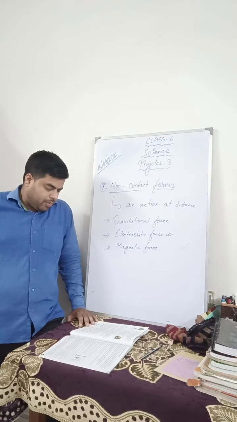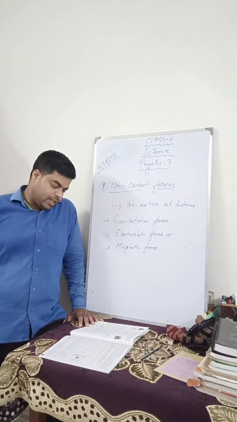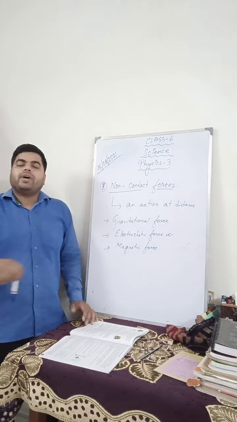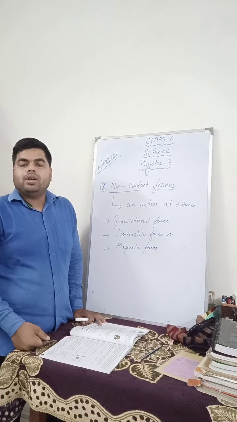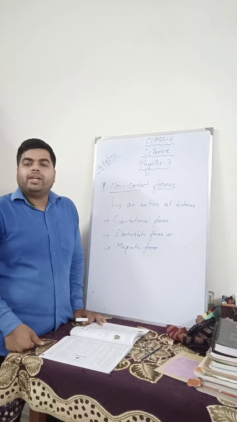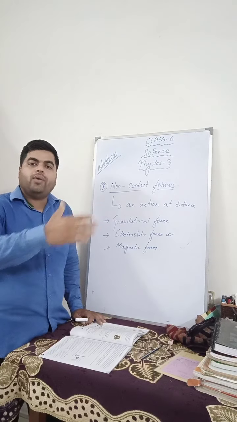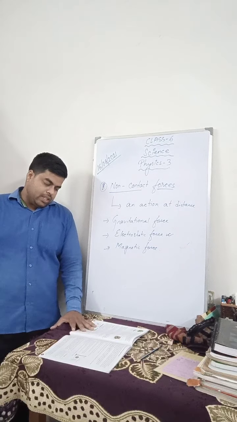So unlike gravitational force that causes only attraction, electrostatic force may cause attraction or repulsion of charged particles. In case of gravitational force, they pull things towards themselves. But with electrostatic force, they can pull things towards themselves and they can throw things away from themselves also. The nature of the force depends on the nature of charges.